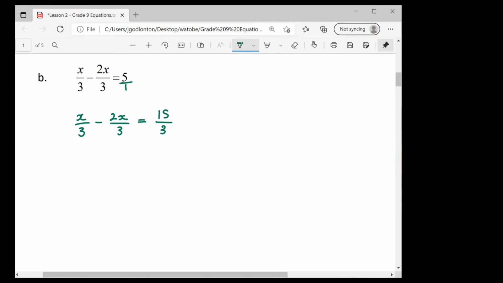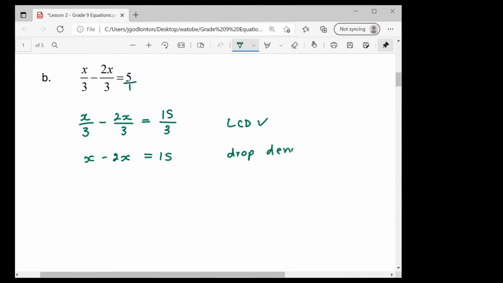Next step, we drop the denominator, and then it'll be x minus 2x equals 15, and then we take the 2x, put it to the other side, which will be x equals 15 plus 2x.